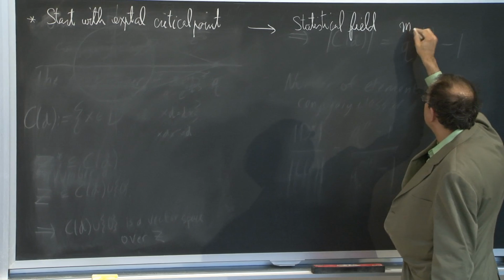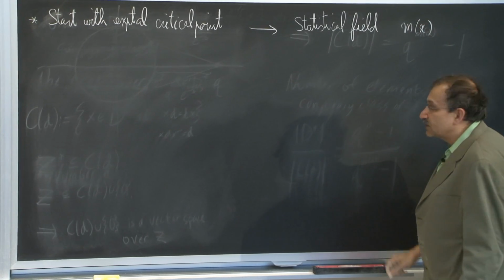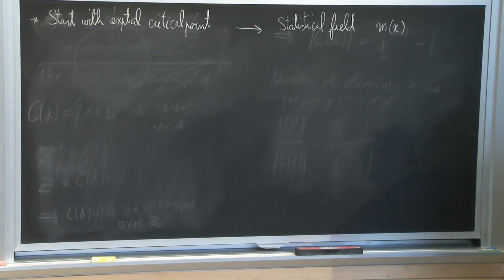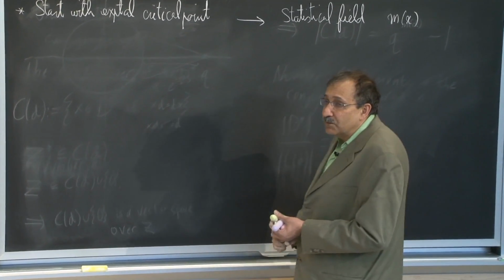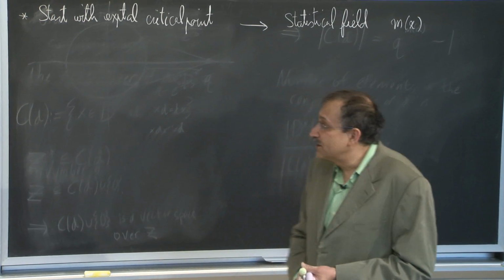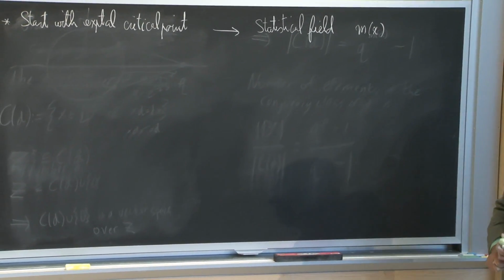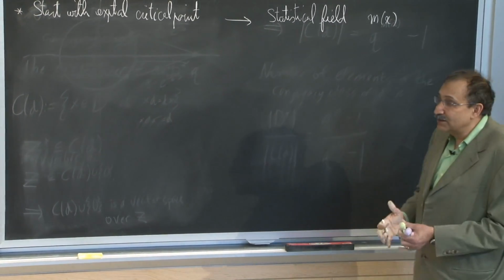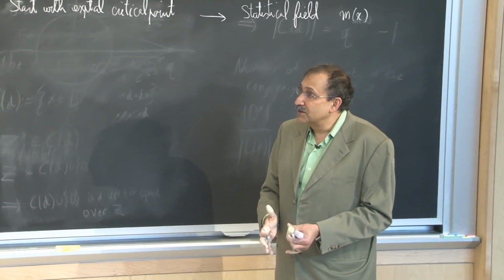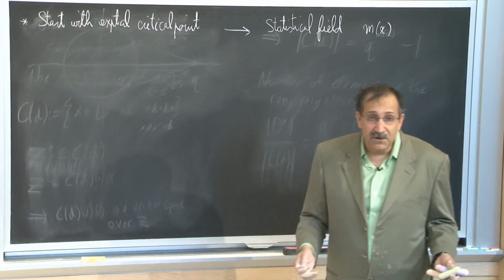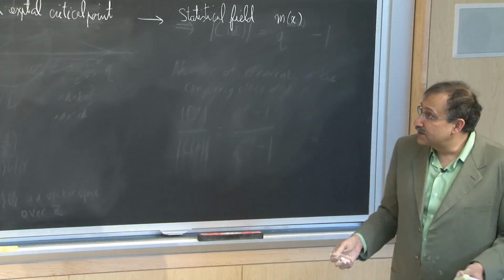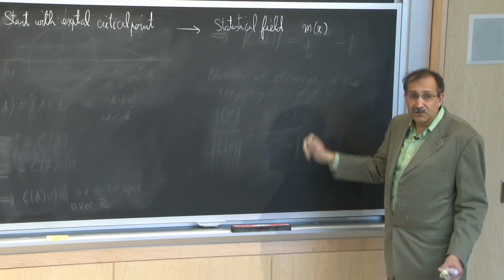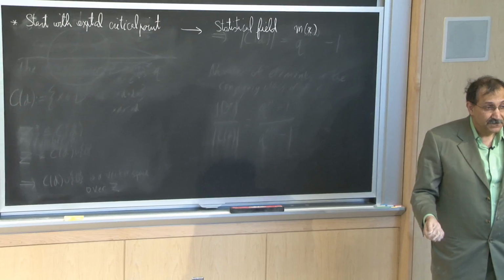Let's stick with the notation that we have for the magnet, and call it m of x. Now, in general, this would be the part where one needs to put in a lot of thinking. That is, the experimentalist comes and tells you that I see a system that undergoes a phase transition. There are some response functions that are divergent, etc. You have to put in some thinking about what the appropriate order parameter is.